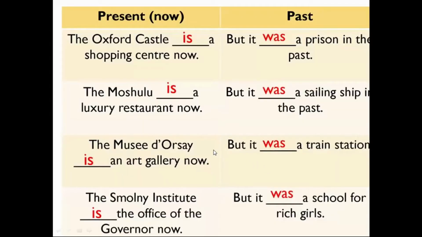Okay, so let's compare the present with the past. For example, the Oxford Castle is a shopping center now, but it was a prison in the past. The Moshulu is a luxury restaurant now, but it was a sailing ship in the past.